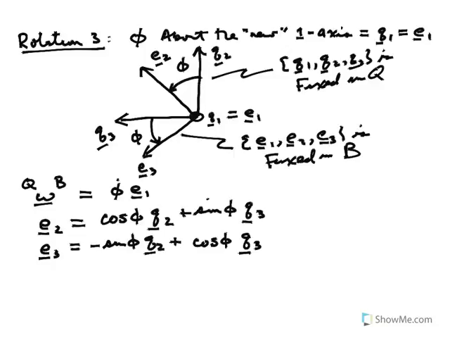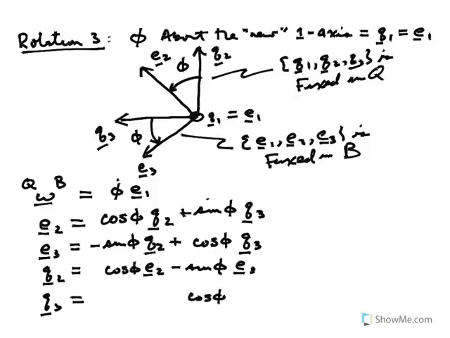And then the reverse or the inverse transformation, we've got Q2, you can see that Q2 is equal to cosine of phi times E2, and then minus the sine of phi times E3, and then we have Q3 is equal to cosine of phi times E3, and then we have plus the sine of phi times E2.